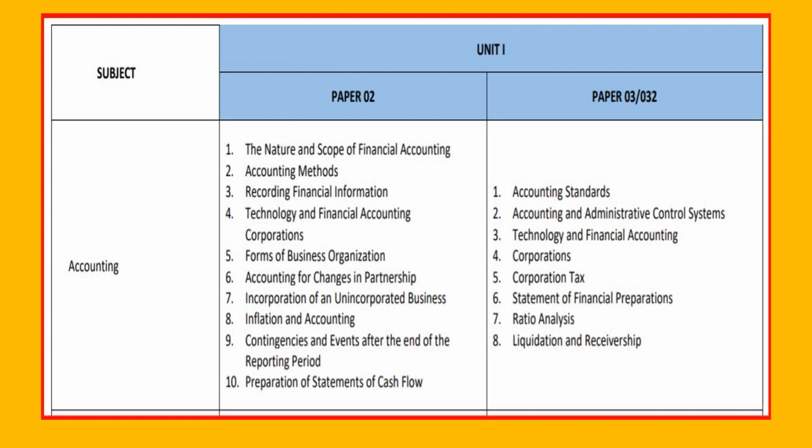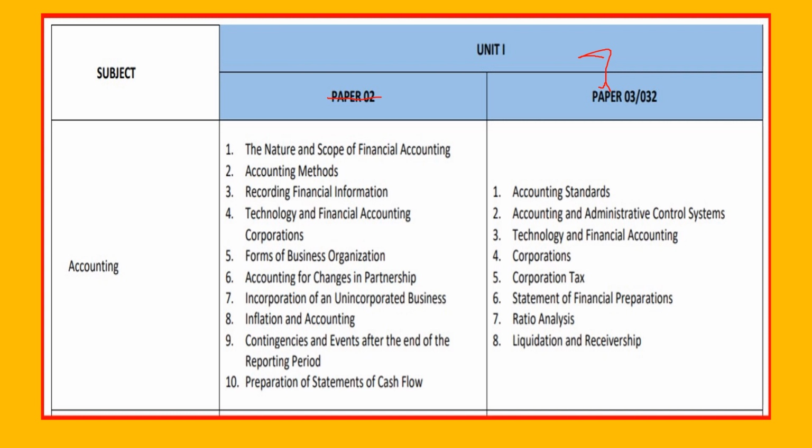Okay, what you have here on your screen is the topics. On this side we have the paper 2, and here we have the paper 3 to the 2. This is the alternative to the SBA. Students in school do not write this paper. So we'll be focusing on the paper 2 here.